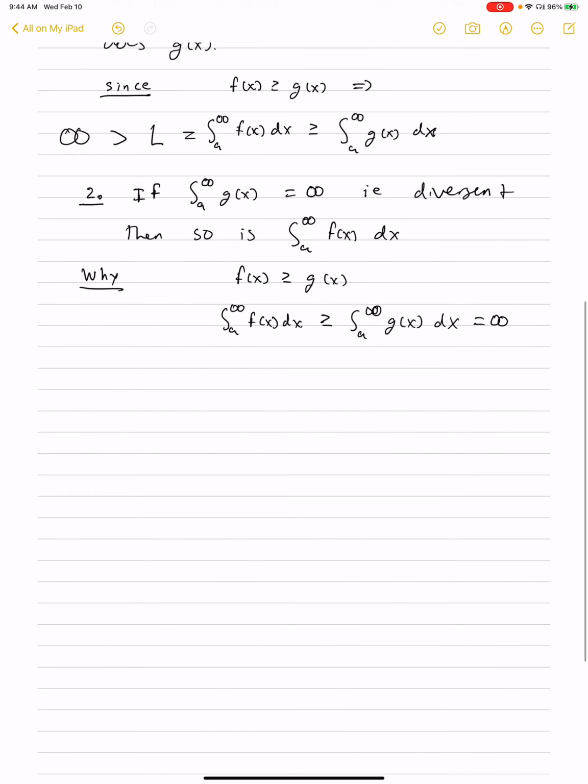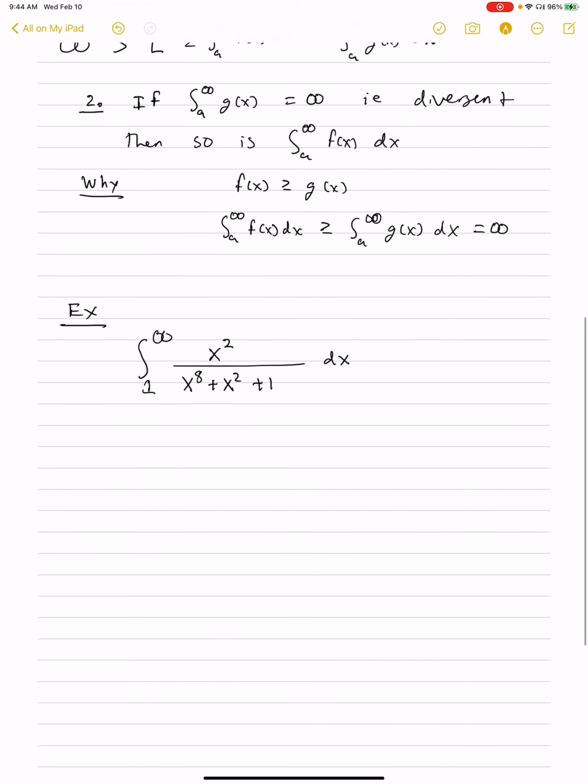Let me do a brief example. Suppose I want to calculate this integral from 1 to infinity of x squared over x to the 8th plus x squared plus 1 dx.